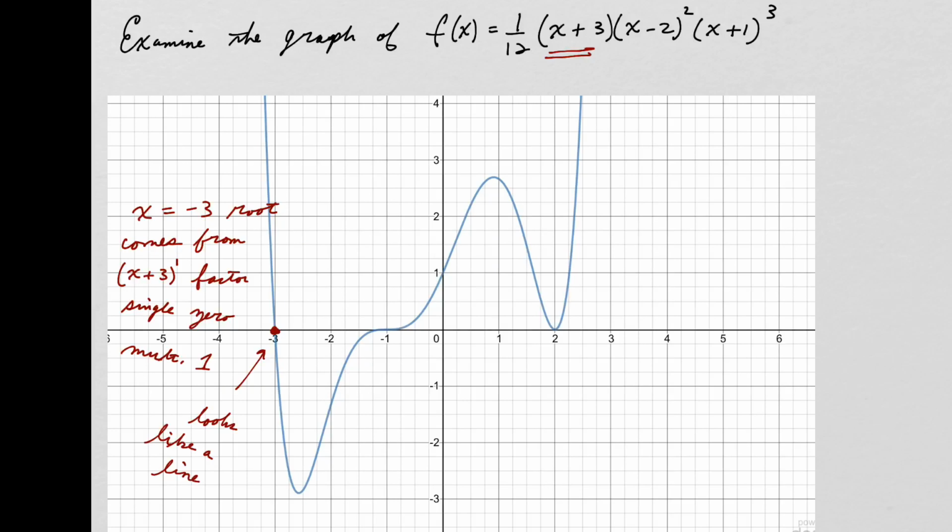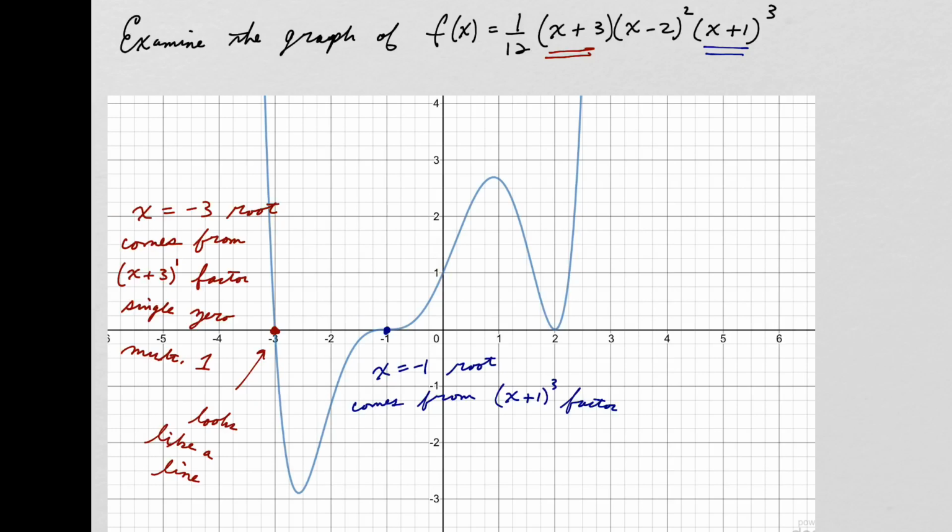Okay, let's look at, I'll do this in a different color, this root right here. So x equals negative 1. Well, that root comes from this factor, right? So the x equals negative 1 root comes from the x plus 1 cubed factor.